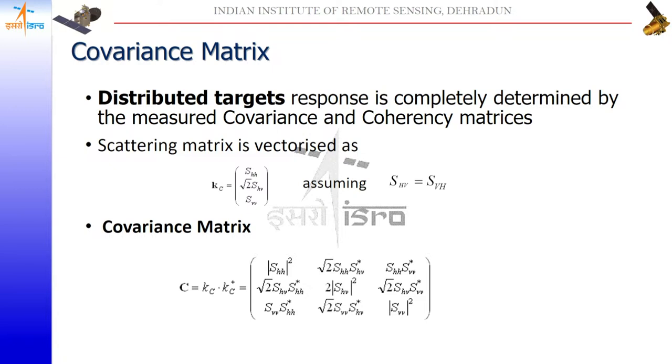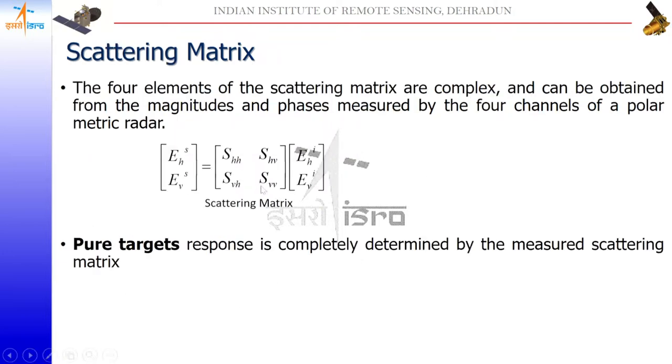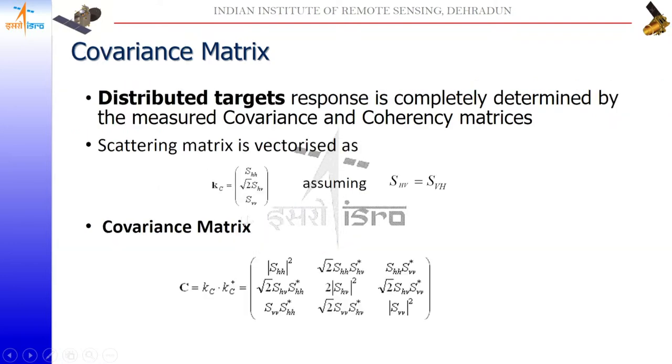Next is the covariance matrix. Where do we have to use the covariance matrix? The covariance matrix is actually used for distributed targets. For distributed targets, we can vectorize our scattering matrix. We have four components: HH, HV, VH and VV. Assuming HV and VH are the same, as in the monostatic case.